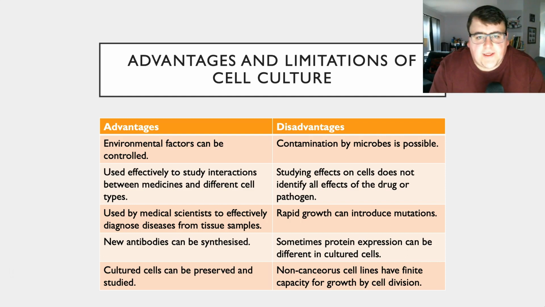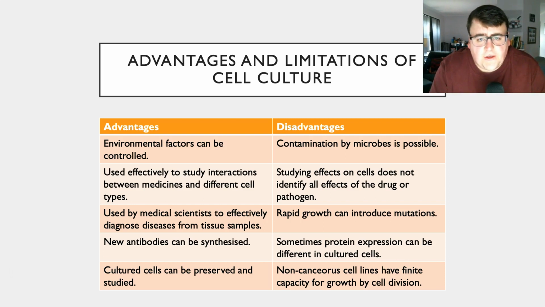Obviously, anytime you're growing cells rapidly, you're going beyond the normal growth rate, so you're going to have the chance of introducing mutations. There is always the chance as well that protein expression is very different in cultured cells because of the absence of other cells in the body. So protein expression actually changes.